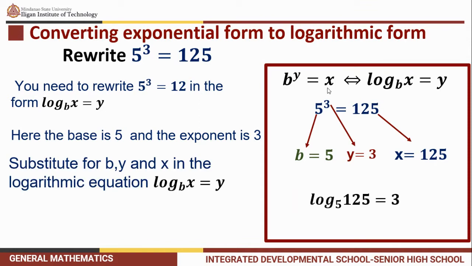In this case, our base is equal to 5, our y is equal to 3, our x is equal to 125. After that, we need to substitute for b, y, and x in the logarithmic equation, log with base b of x equals y. So we have log with base 5 of 125 equals 3.